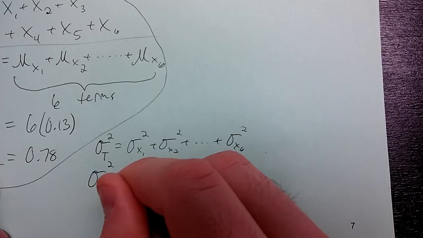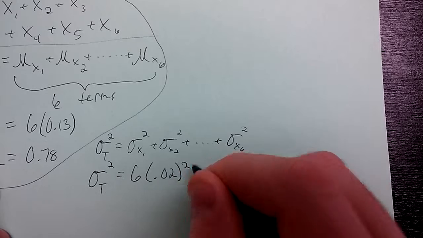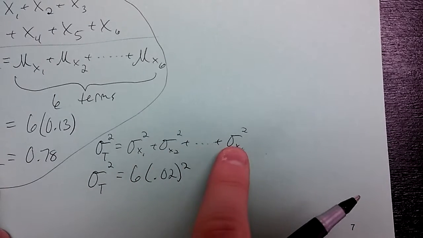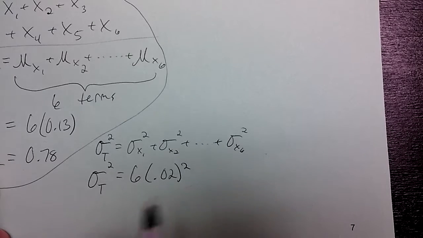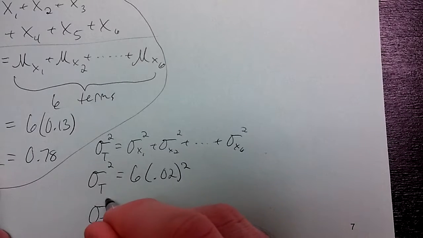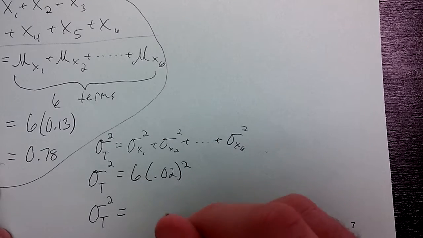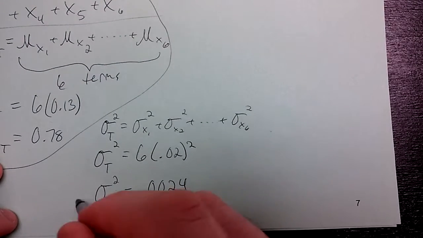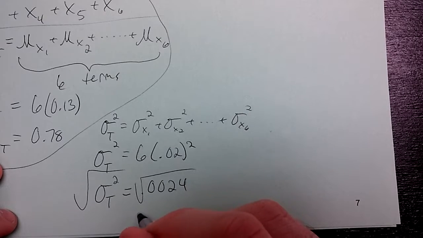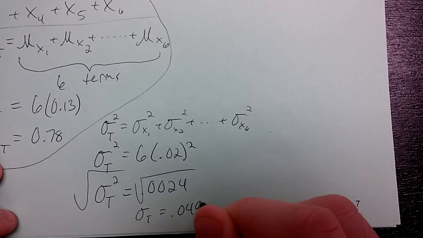Sigma T squared is equal to 6 times 0.02 squared, because each one of these is 0.02 squared and there are 6 of them. When you do that, you get sigma T squared equal to 0.0024. To find the standard deviation, square root both sides. Sigma T is equal to 0.049.